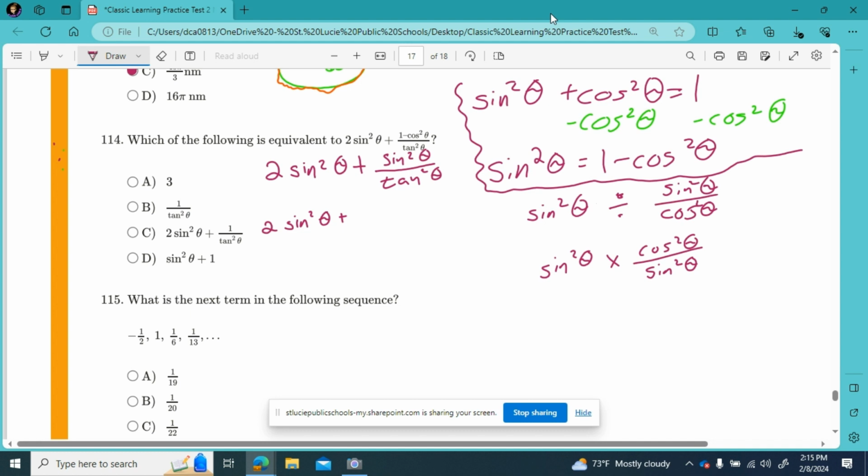And then look at that, you have sine squared theta across from sine squared theta. So we can simplify. I used to tell my 5th graders, this is a middle school shortcut. But now you guys are seniors, so this is an old shortcut for you. So all of that really just equals cosine squared theta.